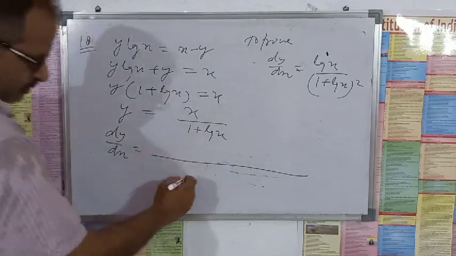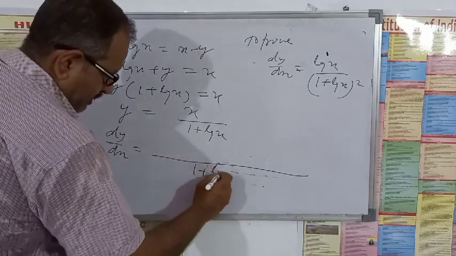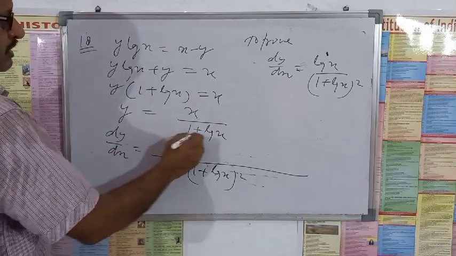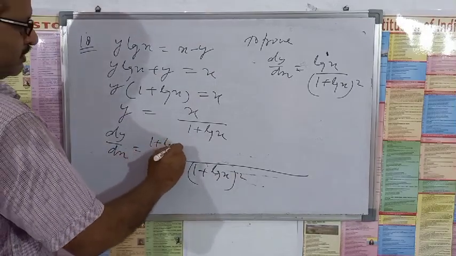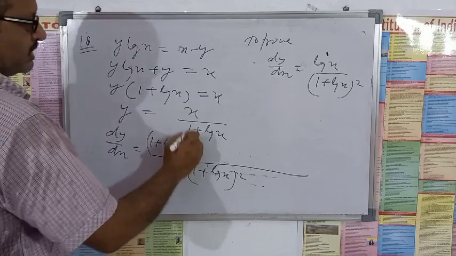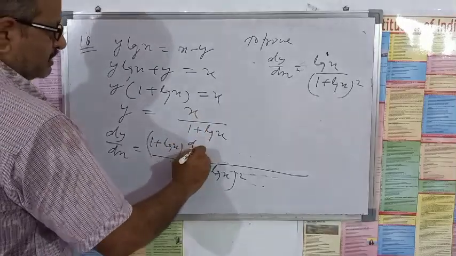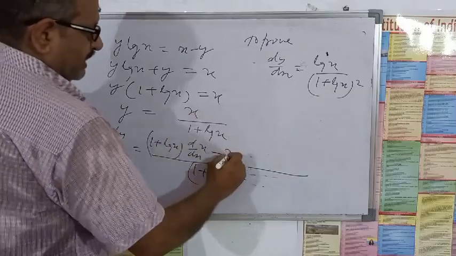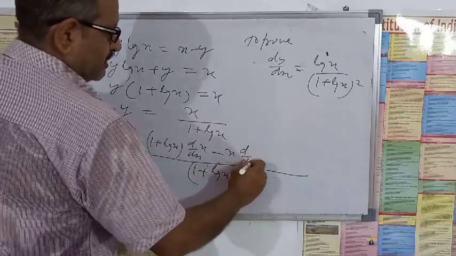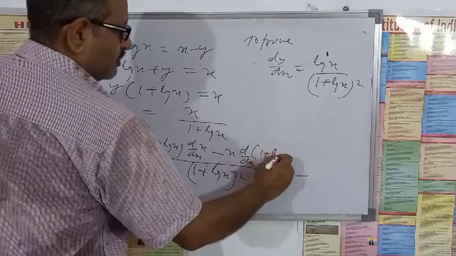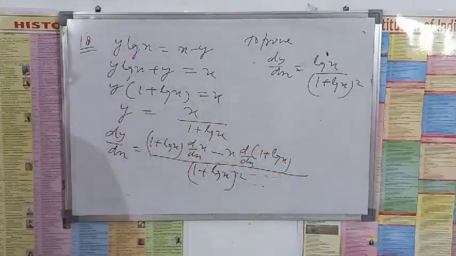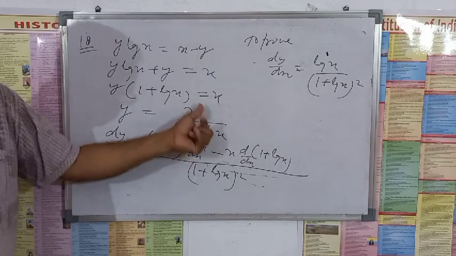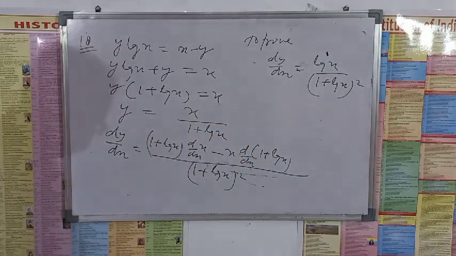Use here quotient rule. So 1 plus log x whole square in the denominator, then 1 plus log x, d by dx of x, minus numerator x, d by dx of 1 plus log x. Denominator into derivative of numerator minus numerator into derivative of denominator.